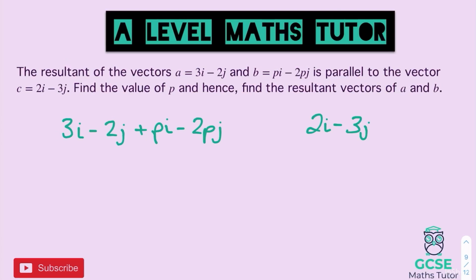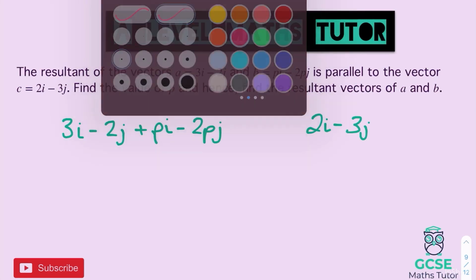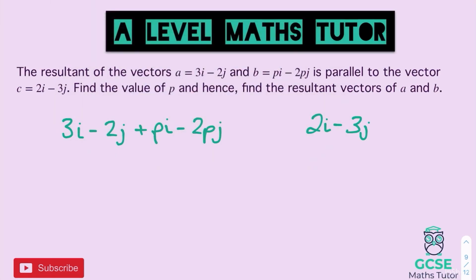Now we can group together the i's and the j's like we did before. Let's have a look at what we have. So we've got 3i plus pi, and we've also got the minus 2j minus the 2pj. Now if they are parallel, the coefficients of i and the coefficients of j will have to be within the same multiples of what we have over here.